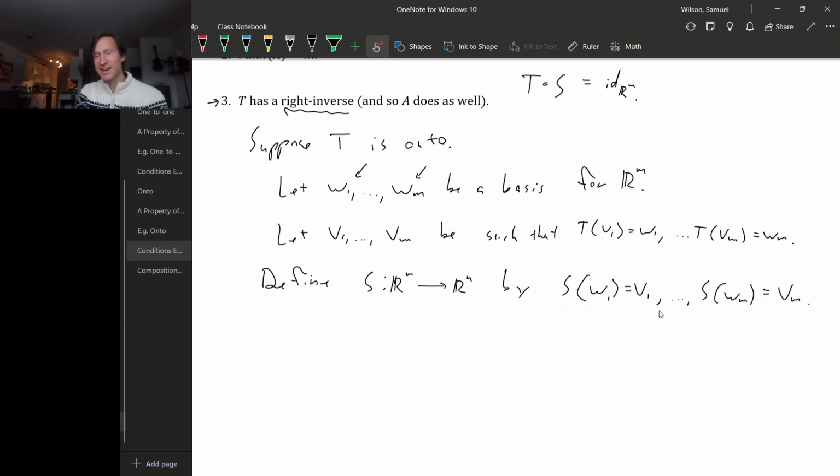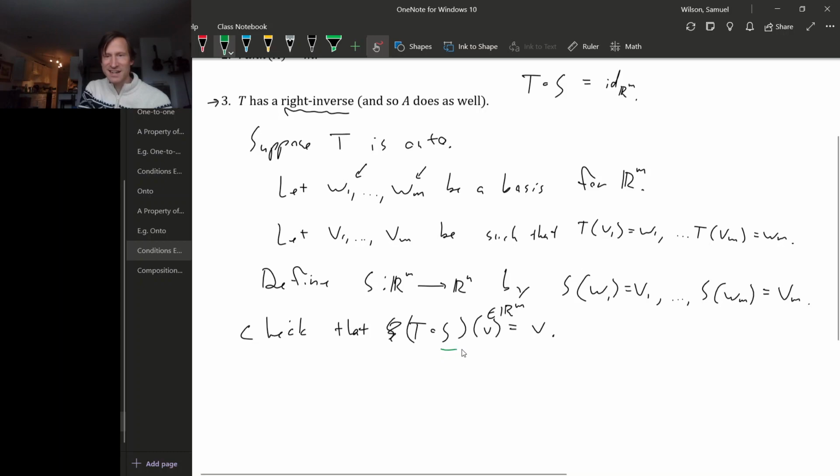Let's check that it actually is a right inverse. So let's check that T composed with S of some vector is just that vector. And that vector has to be in Rm here, right?